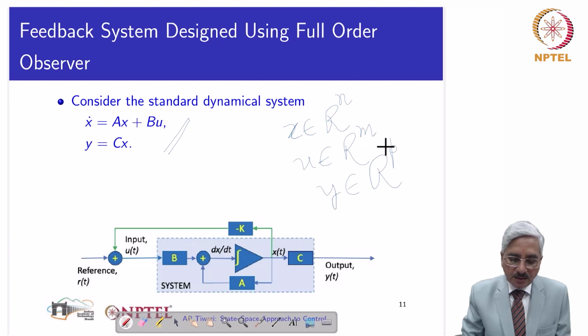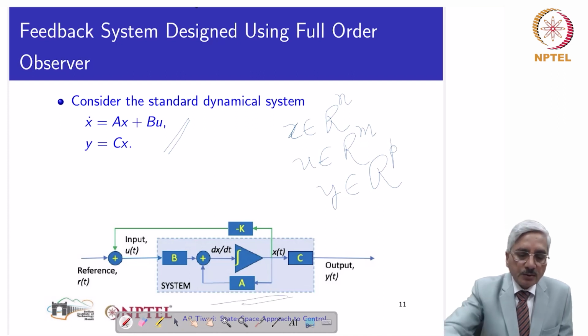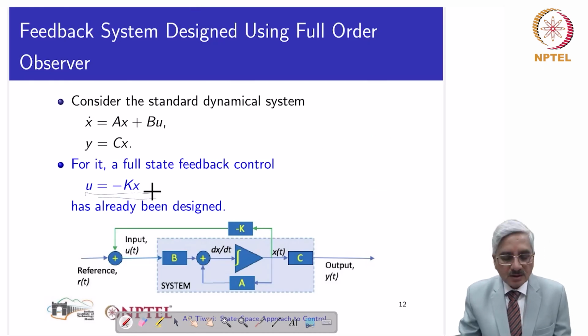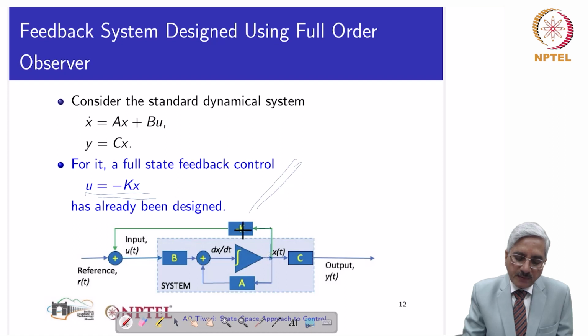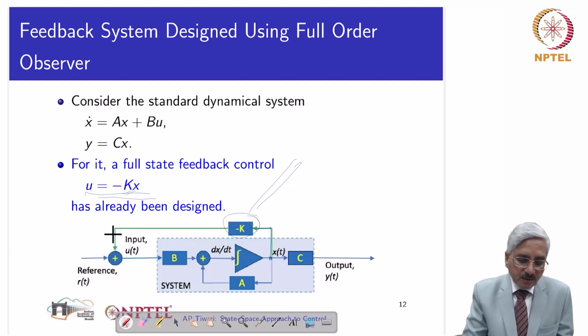And this is the state diagram representing the system. Now what we are planning to do, we have this state feedback control designed. And the intent was, while designing, we assumed that the system state, which is here, will be tapped and fed through the gain K, which is calculated by various ways and implemented.